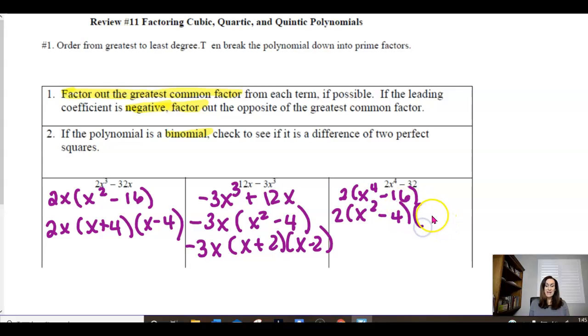And so I have x squared subtract 4, or you can make this a plus, whichever, and then x squared plus 4. Now, x squared subtract 4 is a difference of two squares. So I will have x plus 2 and x subtract 2. And then I still have the x squared plus 4.